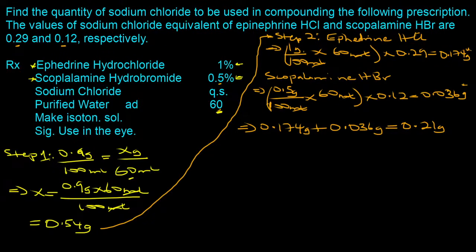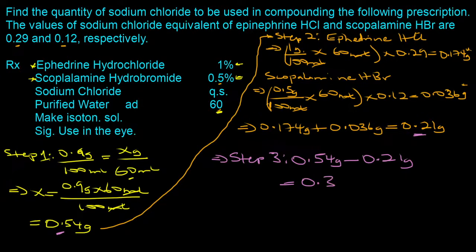So once you've done this, you can now go ahead and do your step 3, which is going to be the difference between the 0.54 and then the 0.21. Okay, so step 3, that's going to be equal to 0.54 grams minus 0.21 grams. And so that will give you 0.33 grams.